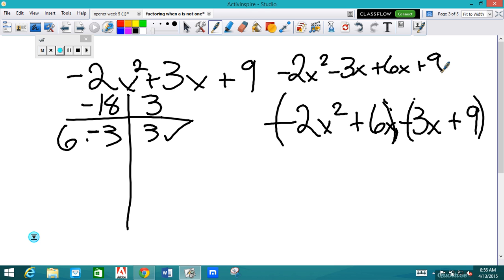Okay? So this time I like it because I know the 2 and the 6 have something in common, and I know the 3 and the 9 have something in common. So now I'm going to factor out what they have in common. So 2x squared plus 6x has a 2x in common. And what's left is negative x plus 3.